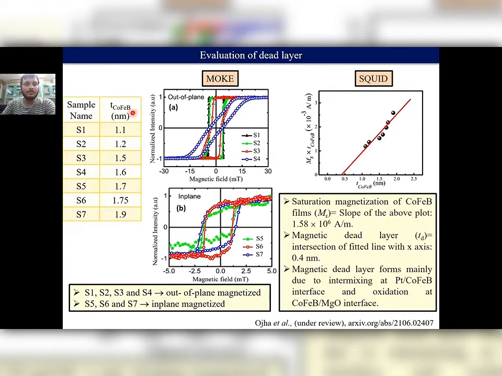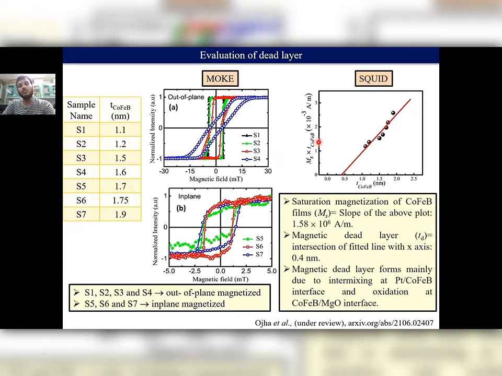The samples with cobalt iron boron thickness 1.1 to 1.6 nanometer have shown the easy axis along the out-of-plane direction, whereas the cobalt iron boron thickness of 1.7 to 1.9 nanometer have shown the easy axis along the in-plane direction. Next, we have also measured the saturation magnetization Ms for all the samples.